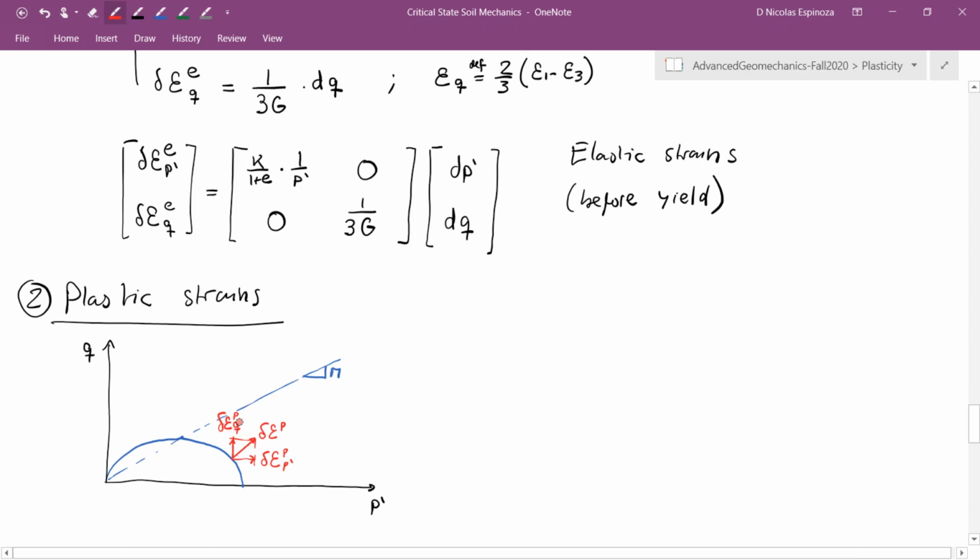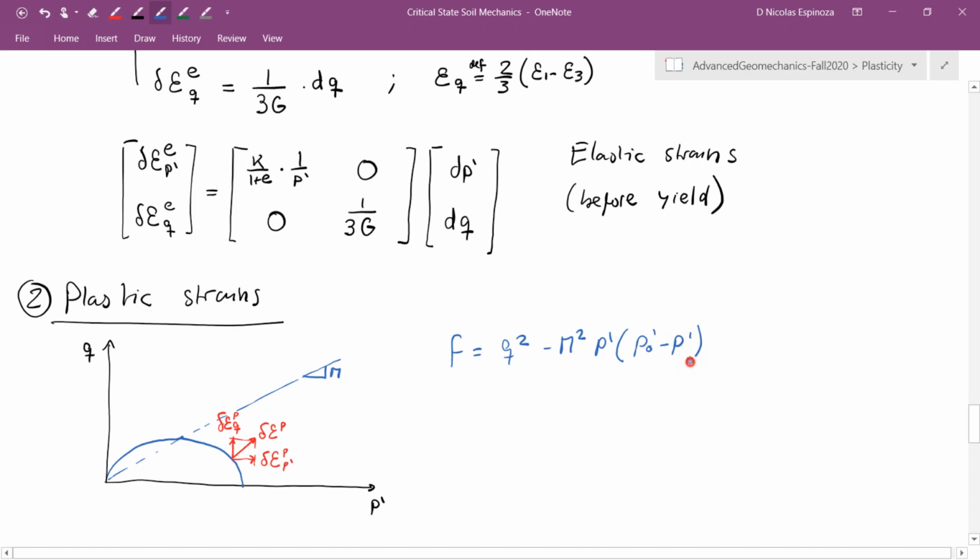And this is what we're going to do. The equation for this yield surface is Q squared minus the slope of the critical state line times P prime times the pre-consolidation stress minus P prime. This is not P naught, this is P prime.